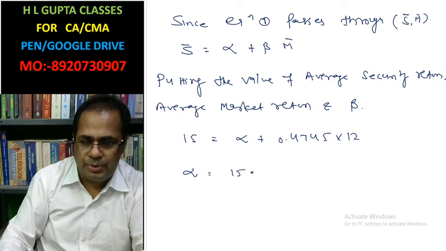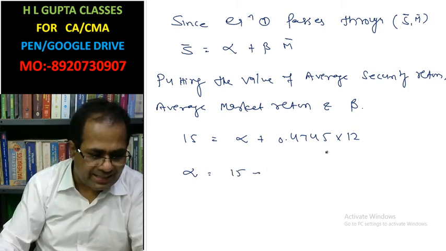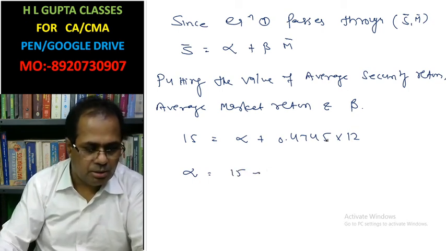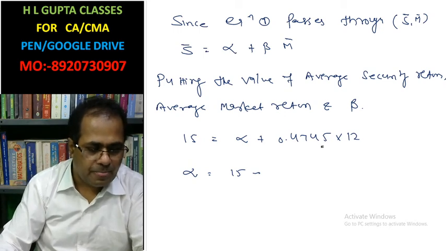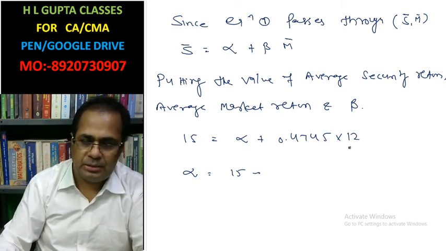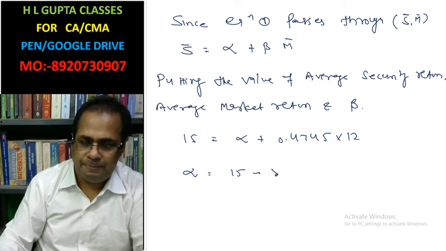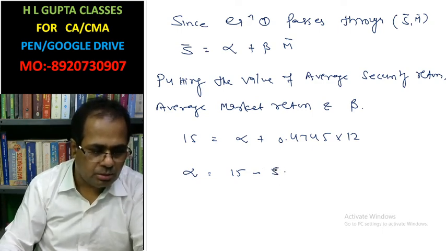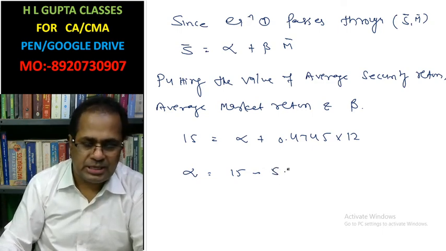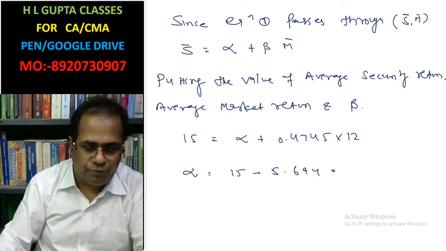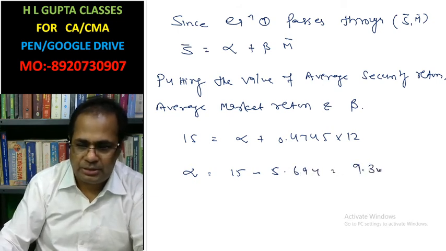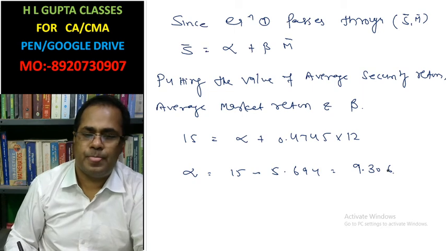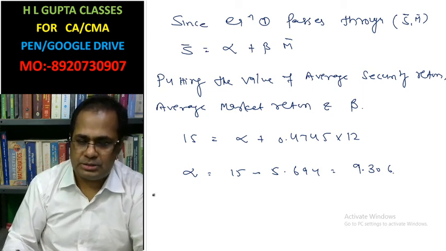Alpha equals 15 minus 5.694, which is 9.306.